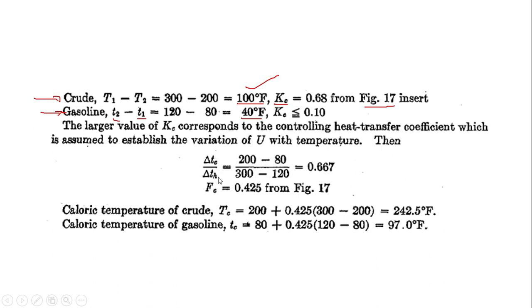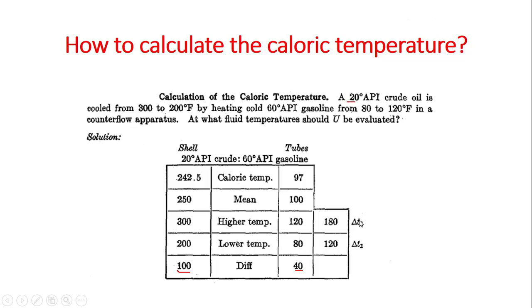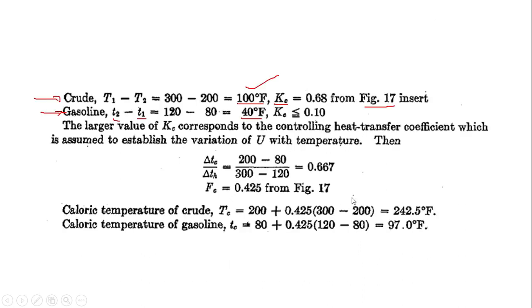And then the second thing is, you have in the previous slide determined the difference between the hot fluid temperature and the cold fluid temperature, right? Delta T1 and delta T2, and after dividing it, you will get over here that is 0.667, right? So 0.667 is given here.